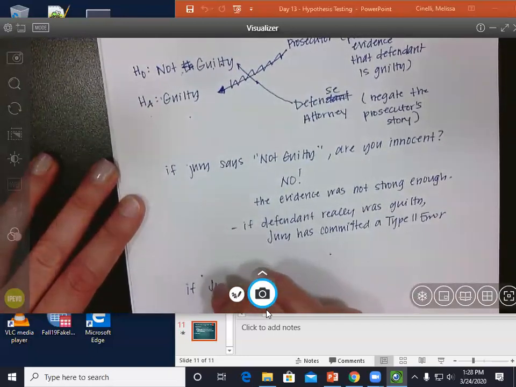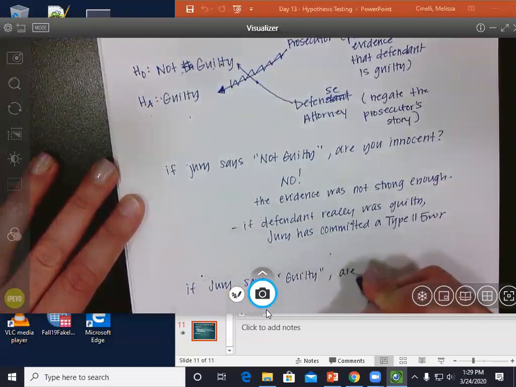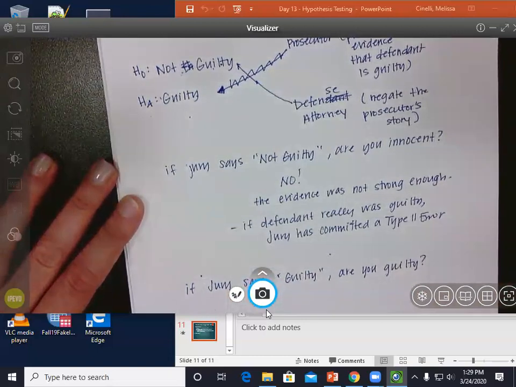If the jury comes back guilty, does that mean 100% that the defendant actually did it?